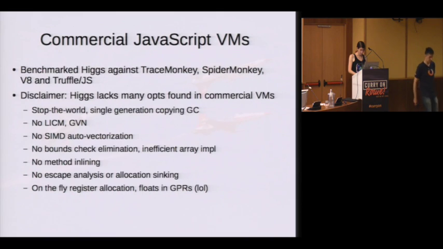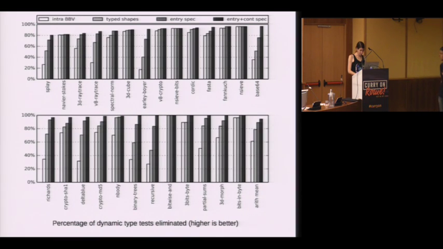Well, I skipped over the graphs because I didn't really have much time to go over them. I would say we perform extremely well on small programs because they're pretty simple. We do perform fairly well on some large programs, like one of these benchmarks, early Boyer. Here, this is the number of type checks eliminated.